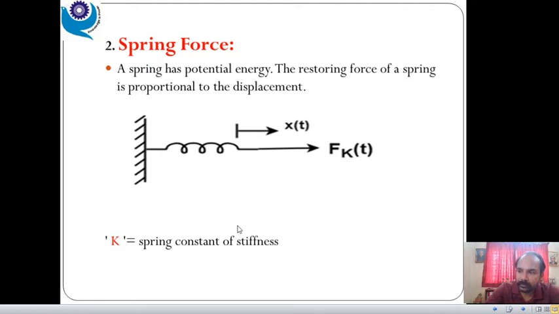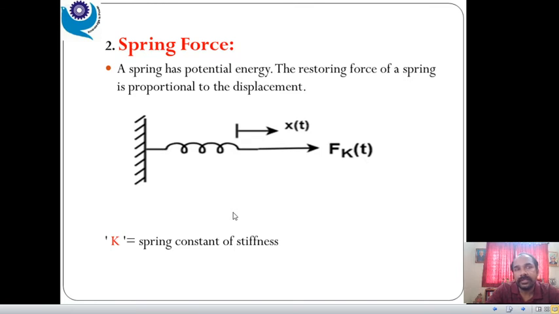Actually, the thing is, in an actual mechanical system there may be an actual spring, or you can say some imaginary springs. We can go for a conveyor belt which has elasticity, right?